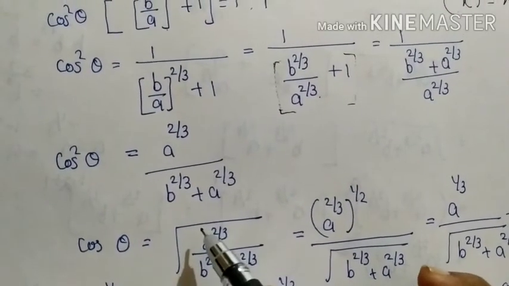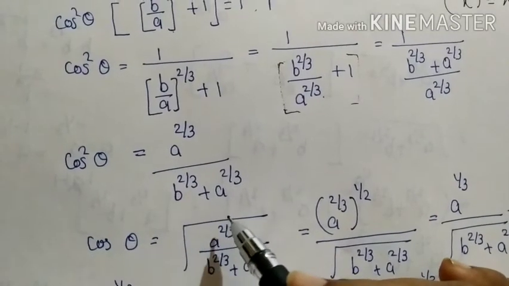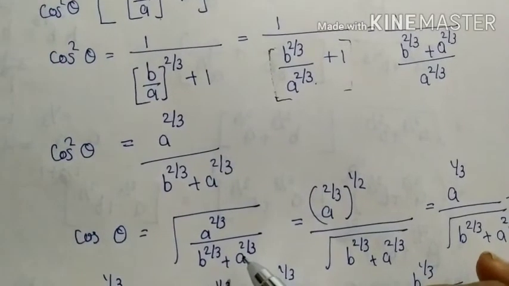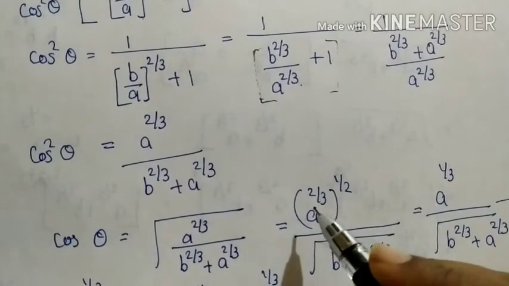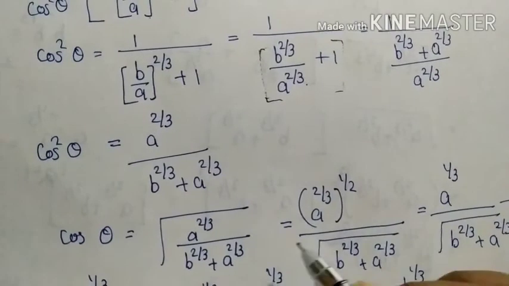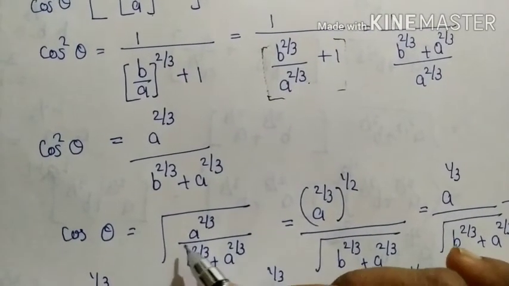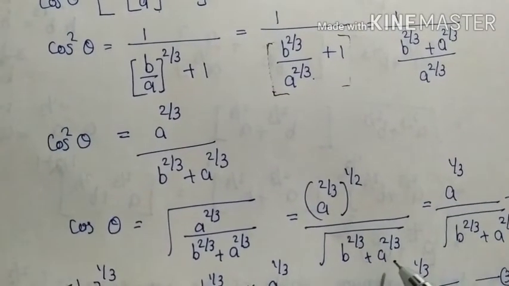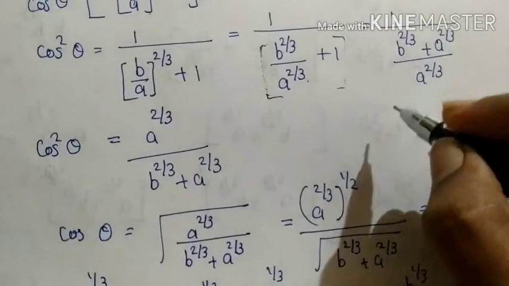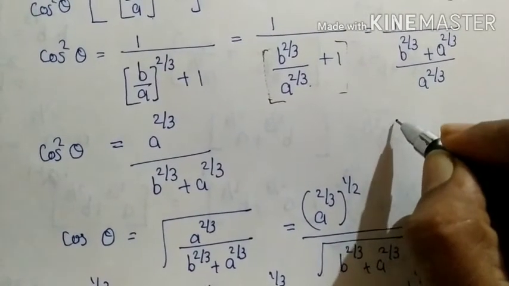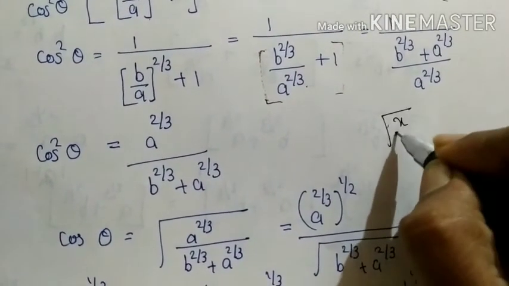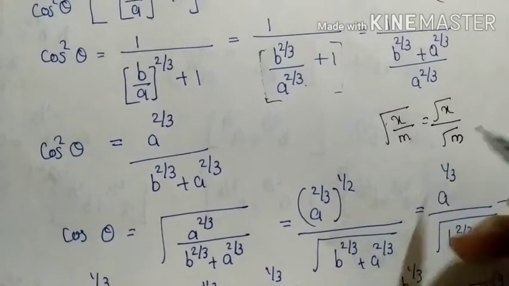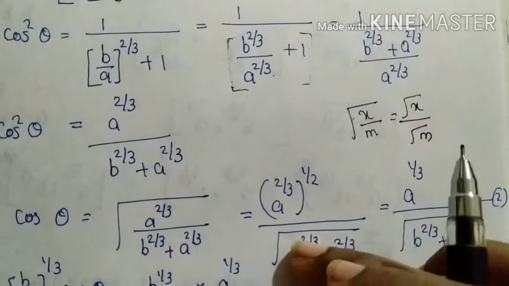So taking this 1 by 2 power inside, the numerator becomes (a raised to 2 by 3) whole raised to 1 by 2, and the denominator becomes root of (b raised to 2 by 3 plus a raised to 2 by 3). We know the law of exponent, root of x by m can also be written as root x by root m. This property is used here.